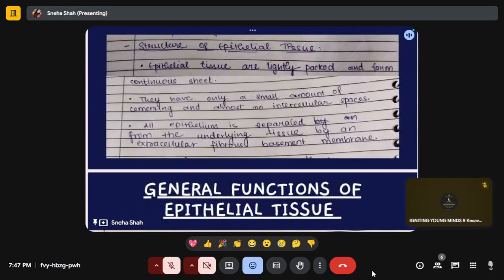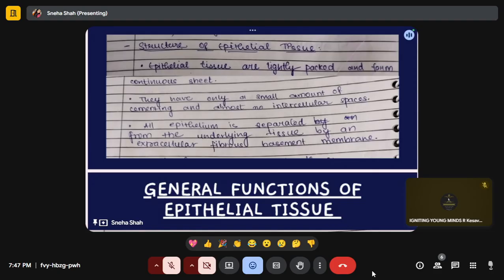All epithelium is separated from the underlying tissue by an extracellular fibrous basement membrane. This is an important thing. There is epithelium, that is, a single layer of cells, and it is there to protect a tissue, to protect an organ.